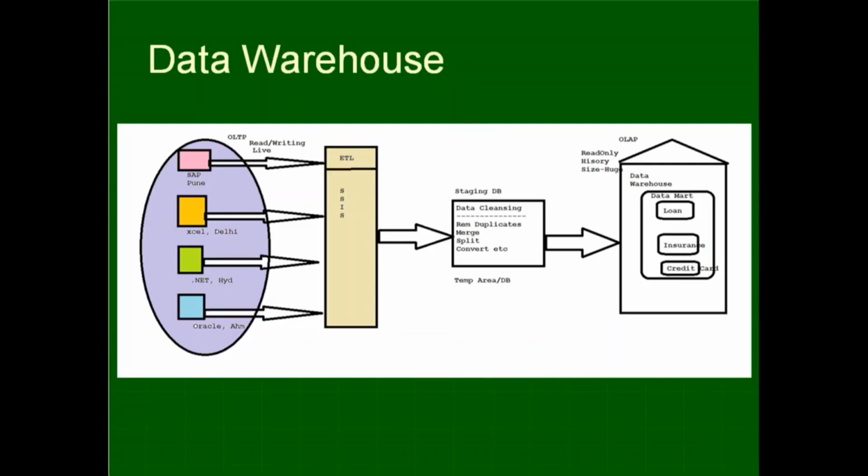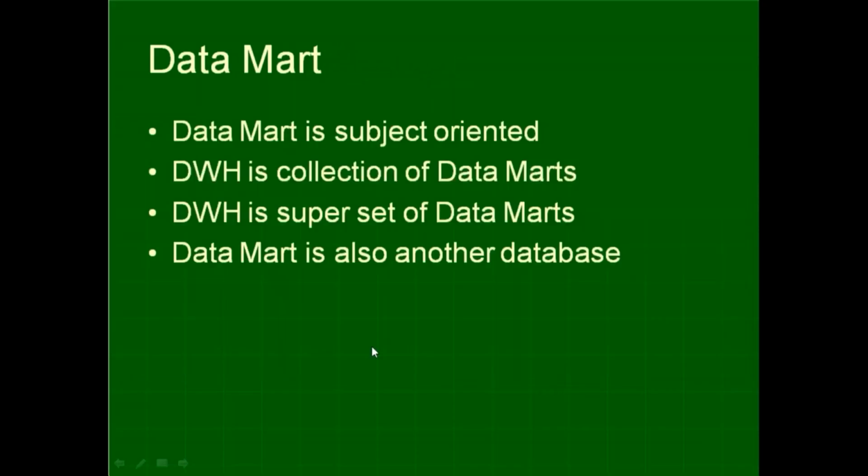That is what is called subject-oriented. 1980 songs, 1990 songs, time-wise grouping. Any grouping you do, the subgroup is called a data mart. A data warehouse always has data marts. A data mart always collects subject-oriented data. A data warehouse is nothing but a collection of data marts. Understand? This is a very important point.